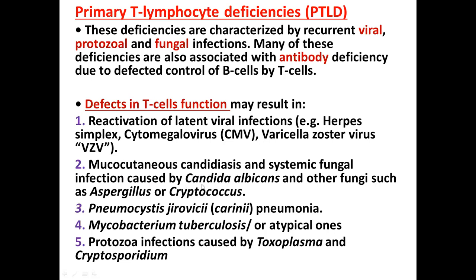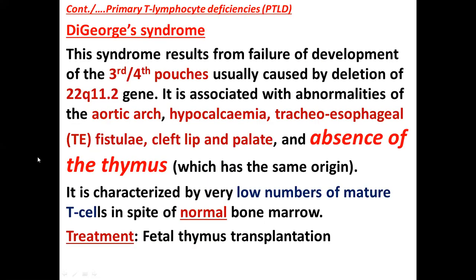We mentioned Cryptococcus is important in immune deficiency, Pneumocystis jirovecii pneumonia, and we mentioned this. Also Mycobacterium tuberculosis and MAC, atypical ones, or protozoal infection caused by Toxoplasma and Cryptosporidium.